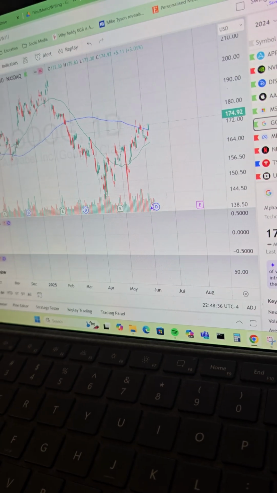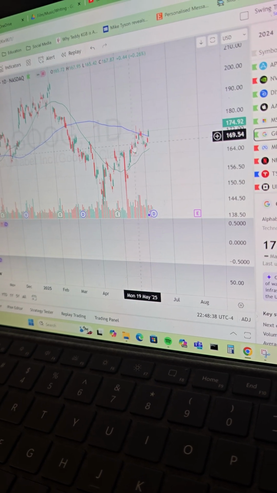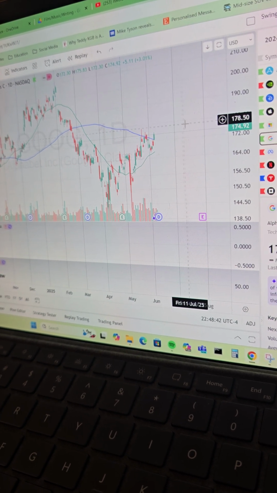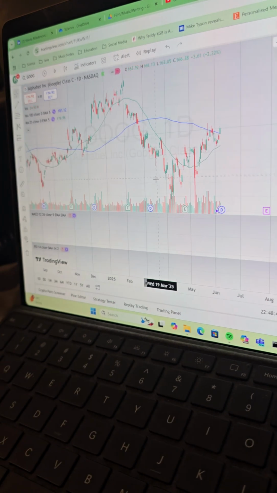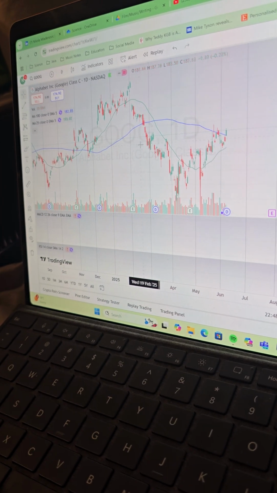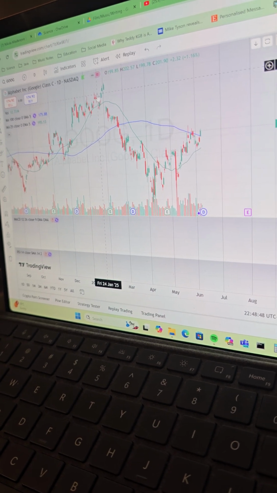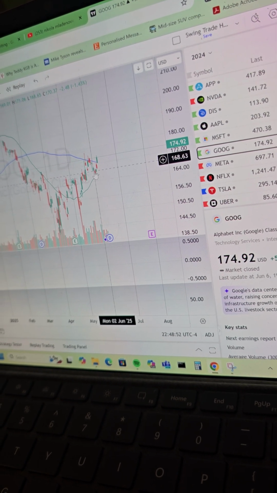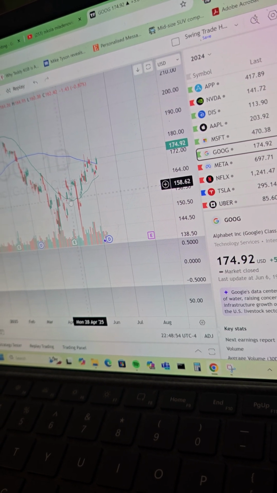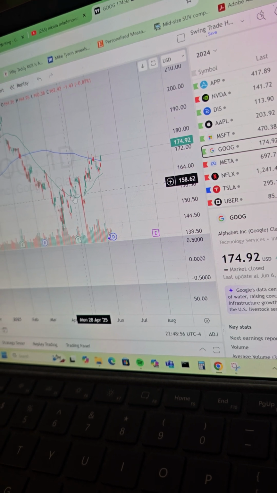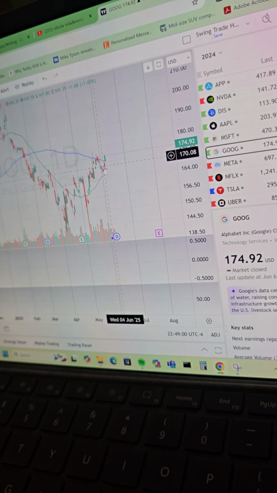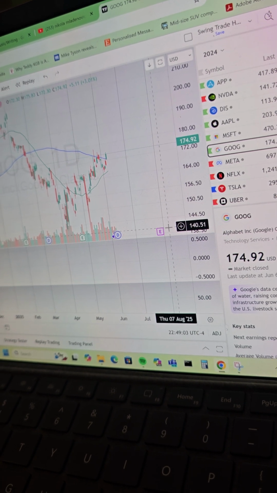Look at Google. Oh, moving average is about to cross, but I don't want to buy it until they cross. Because it did drop. See, it dropped from here, 202 to 174. Now over here it was overextended, so you could buy it, but the problem is when it's overextended going down, it might only recover up to here and then go down even more.